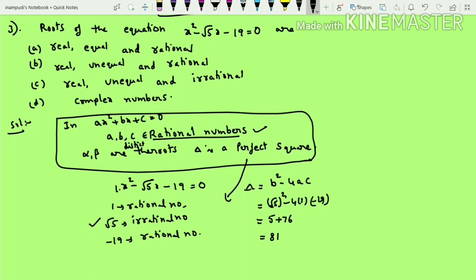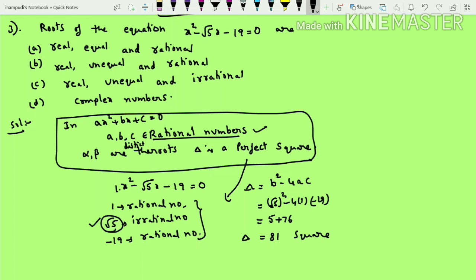It is a perfect square, but root 5 is not a rational number.